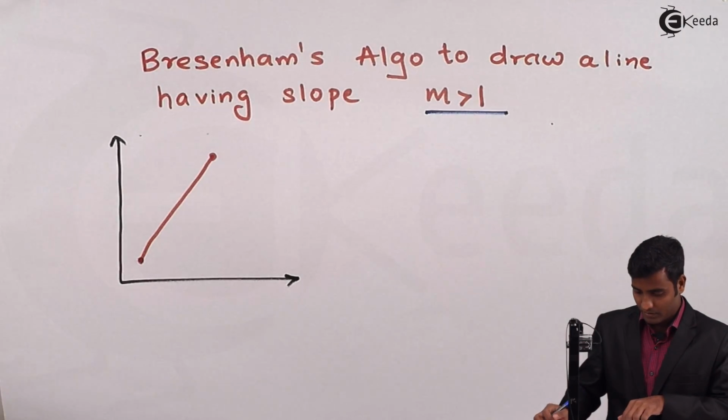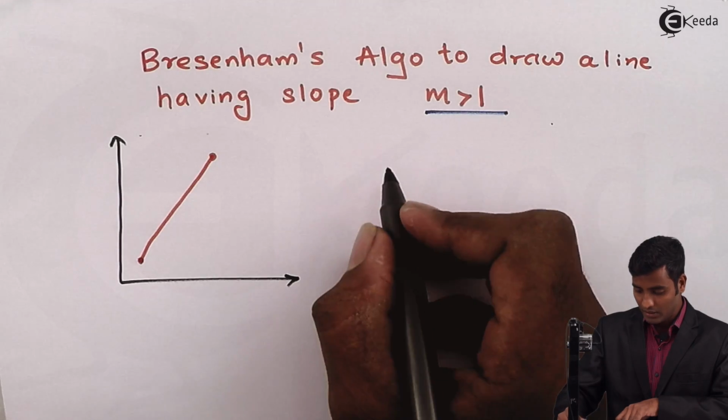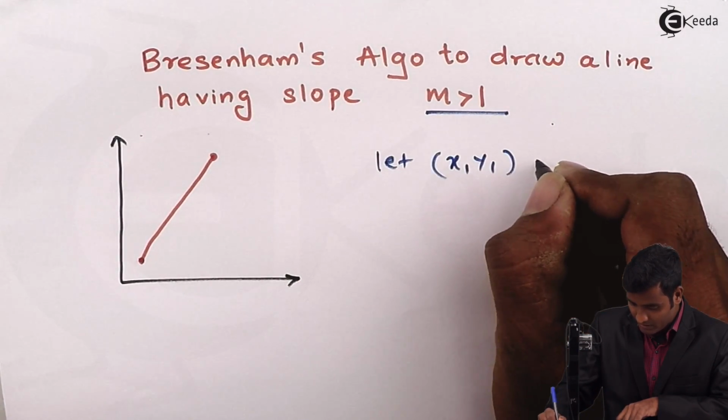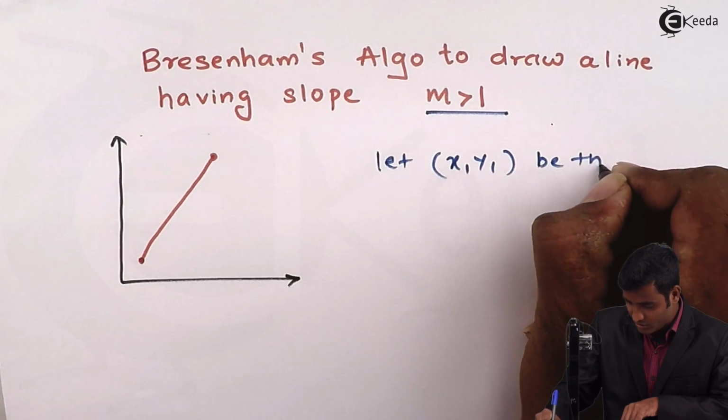So I will declare some variables. Let x1 y1 be the starting point.